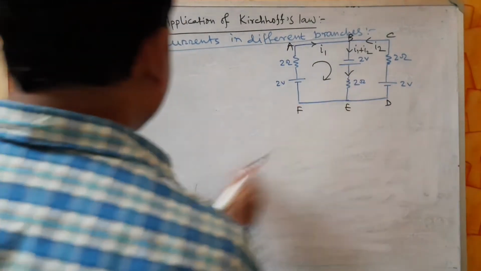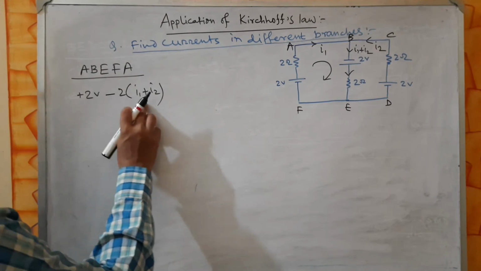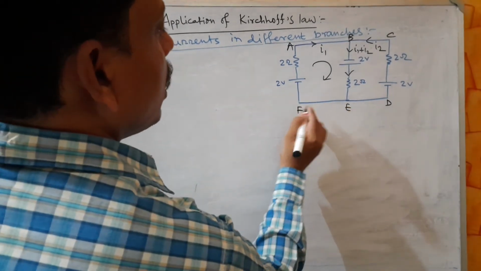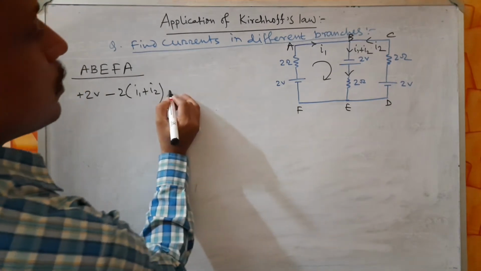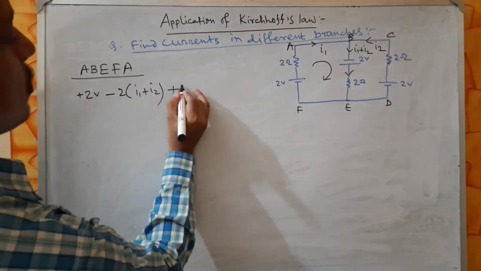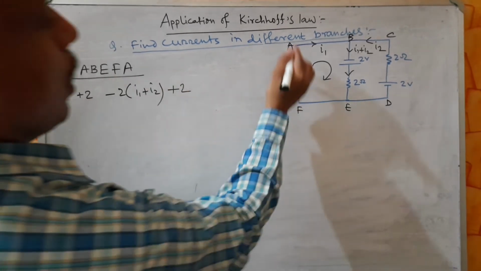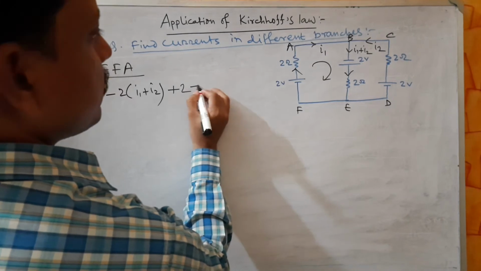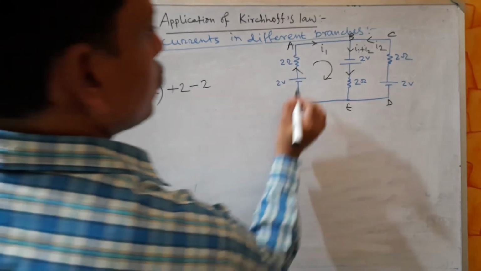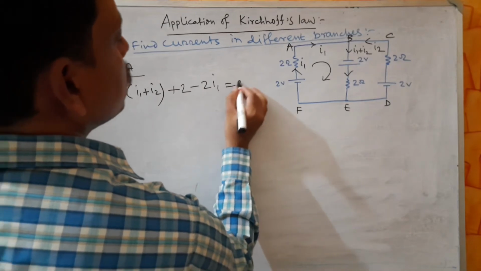So the potential drop is minus 2 into I1 plus I2, and then plus 2 volt, and minus 2 I1 is equal to 0.